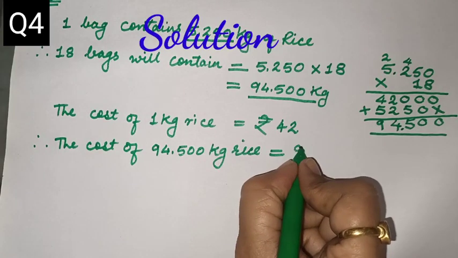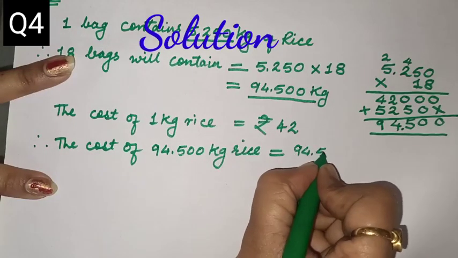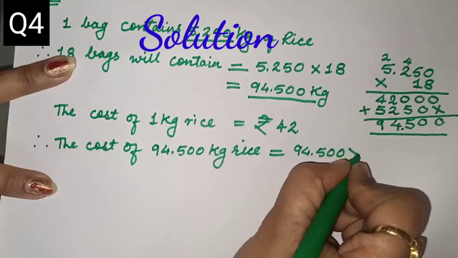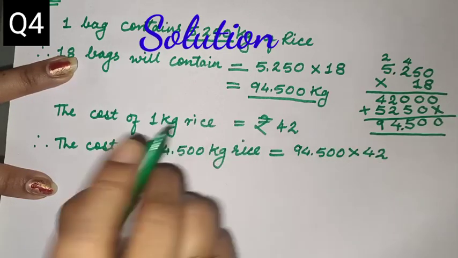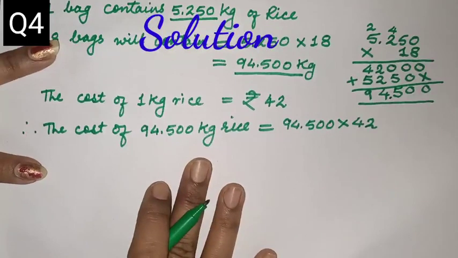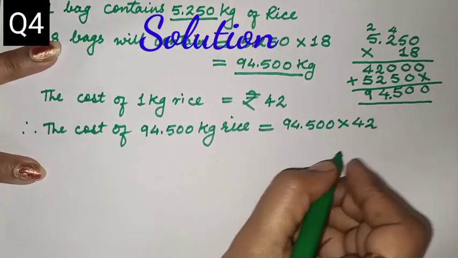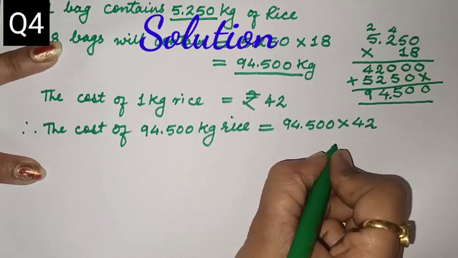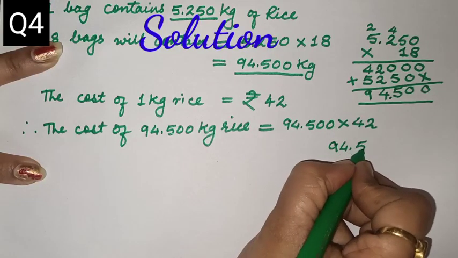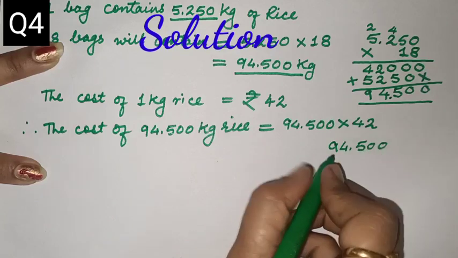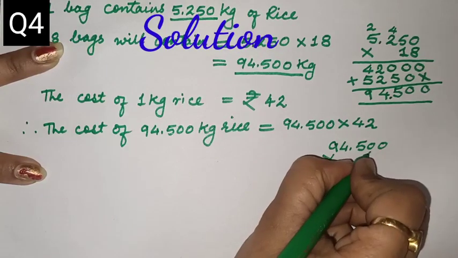So 94.500 kg multiplied by 42. So again in the rough column we'll do 94.500 multiply by 42.